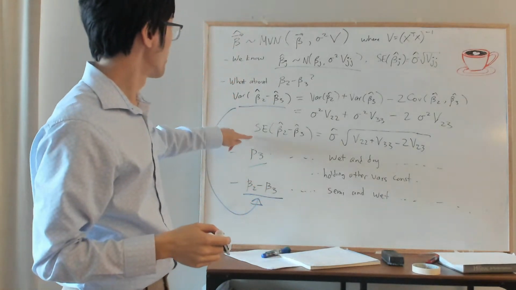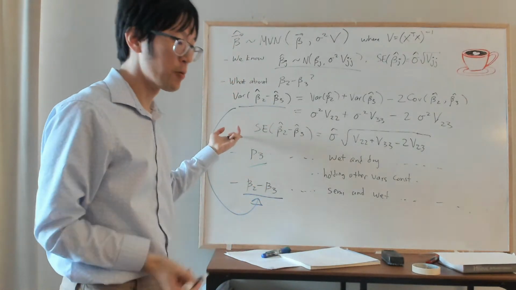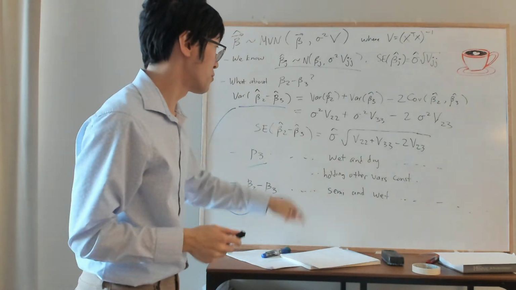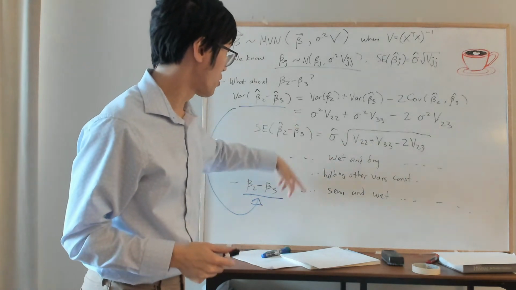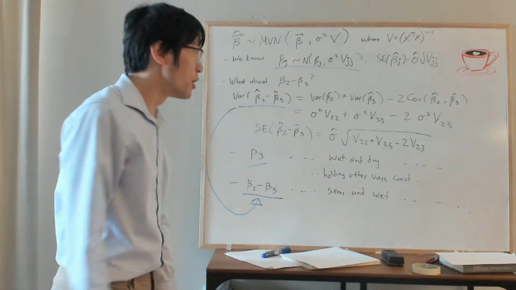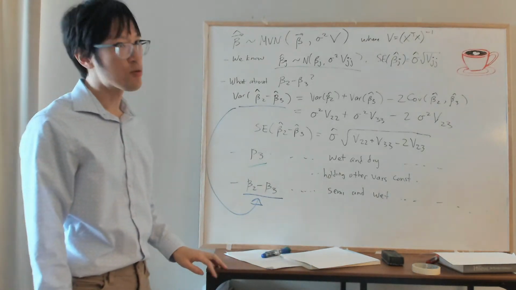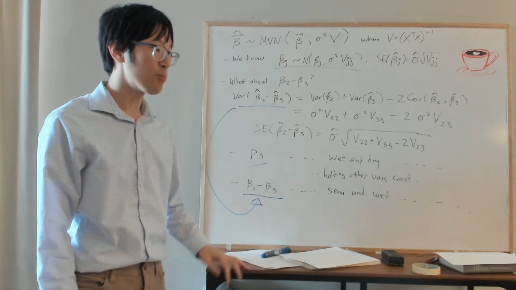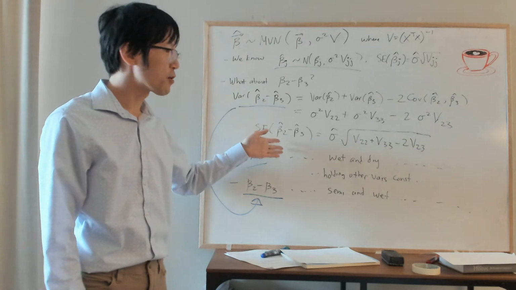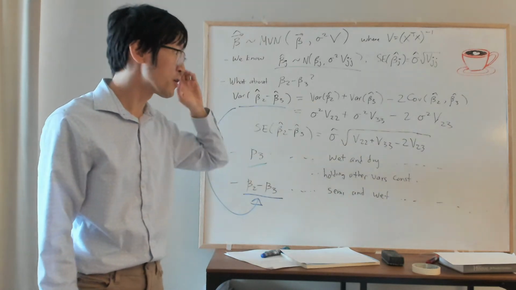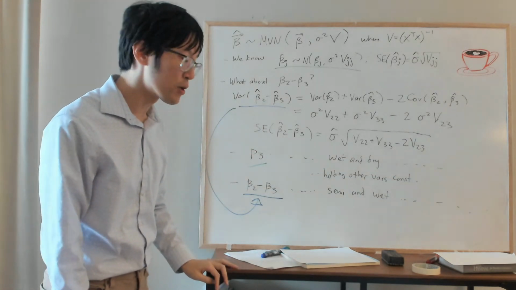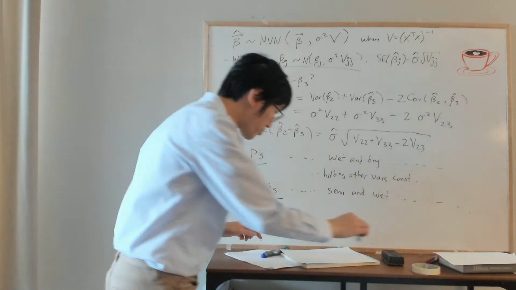Okay, so once we have the estimate and the standard error, now we can compute the confidence interval for any of these pairwise differences: wet and dry, wet and semi, that's this one, and then dry and wet. So now we can use the estimates from our multiple linear regression model with this categorical predictor coded using indicators, and we can interpret all the differences between the three categories in terms of the betas.